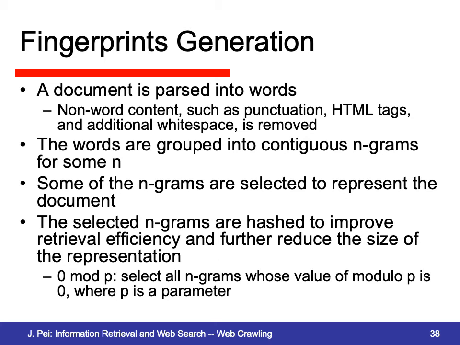The selected n-grams are then hashed to improve the retrieval efficiency and further reduce the size of the representation. For example, we can choose the n-grams which have the following property, which is the value mod p. That means we select all the n-grams whose value modulo p is 0.